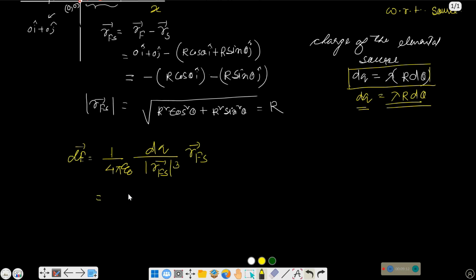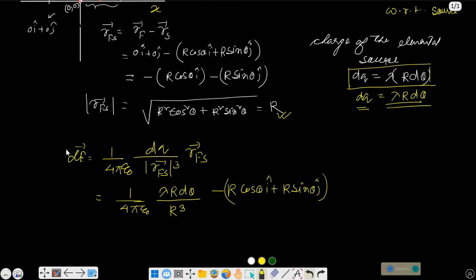Now we will put 1 by 4 pi epsilon naught, dq is lambda into r d theta, then r cube, and the rfs vector we already calculated, that is minus of r cos theta i cap minus of r sin theta j cap. So we will have two components of this electric field.